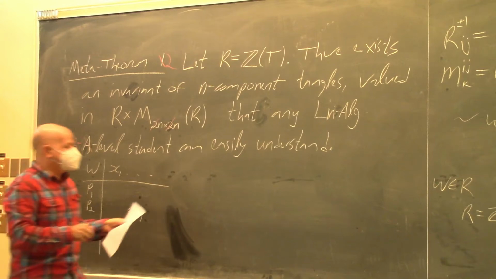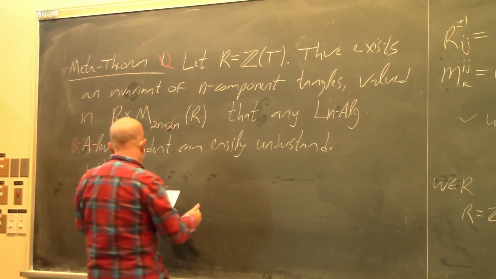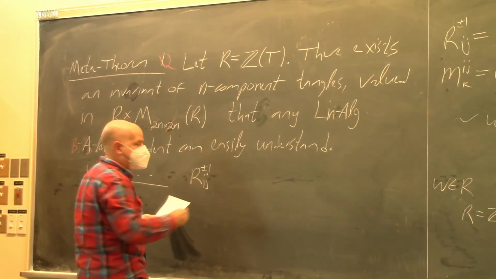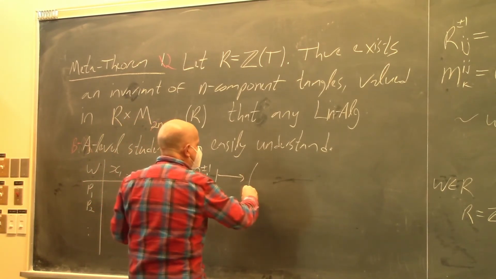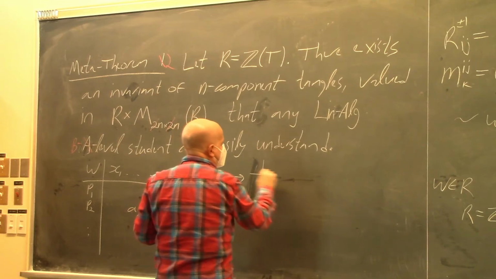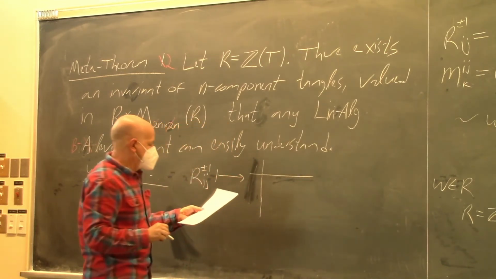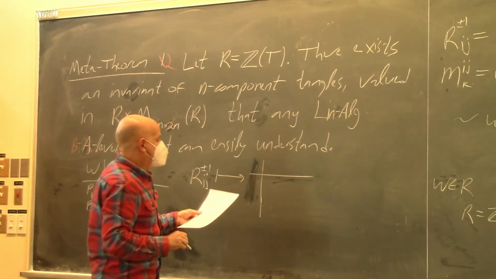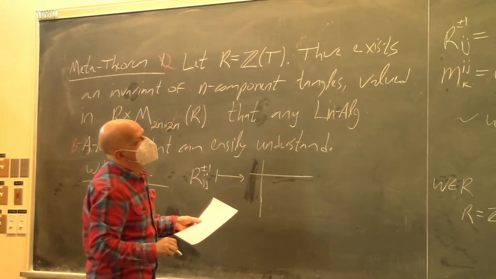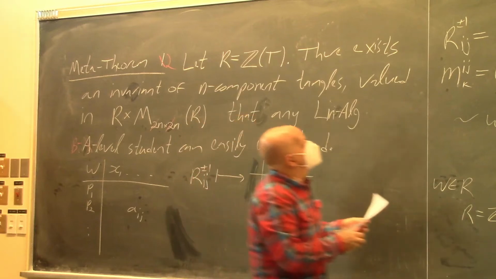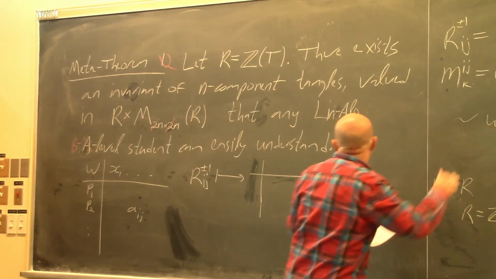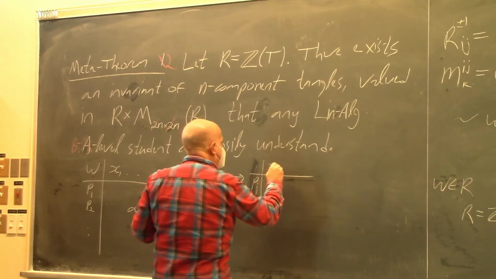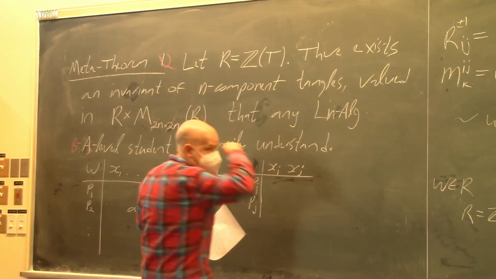Okay? So for example, R_ij plus minus 1 will be the following. The labels are p_i, p_j, x_i, x_j.